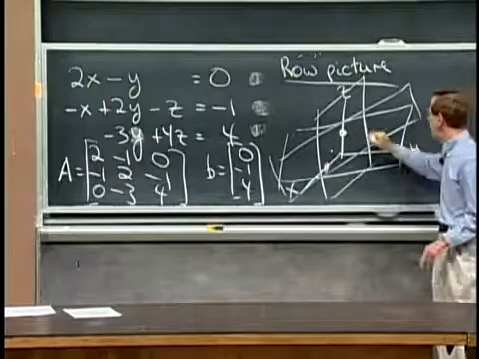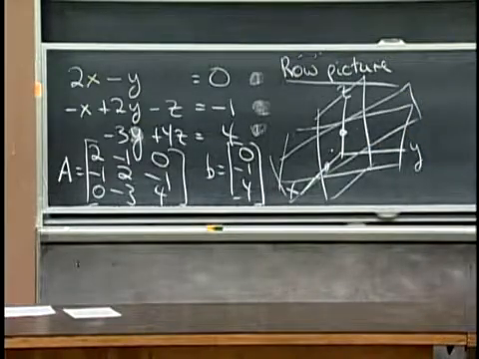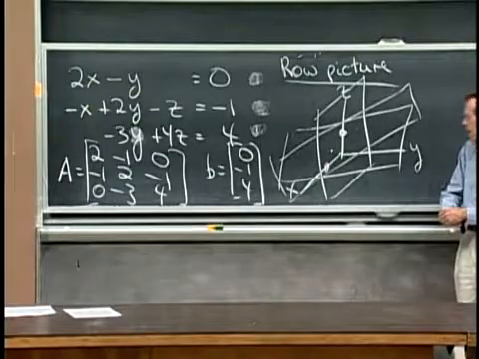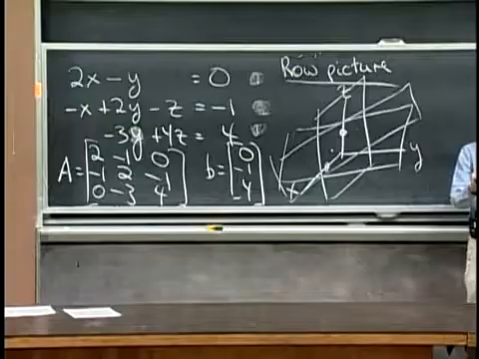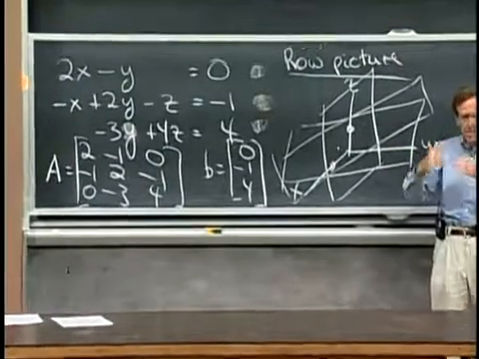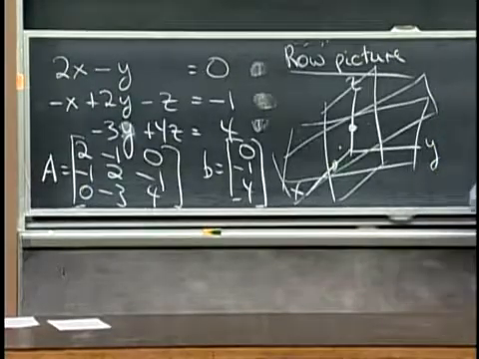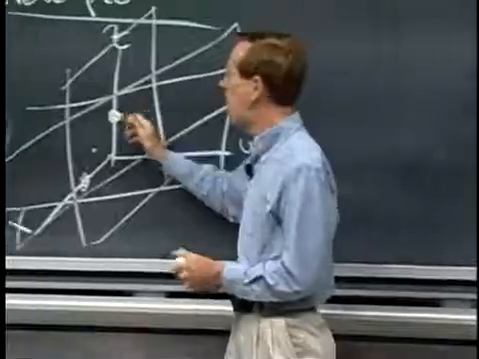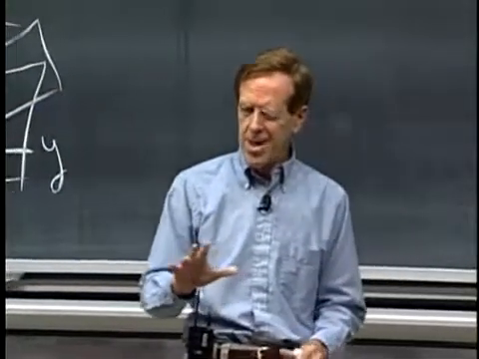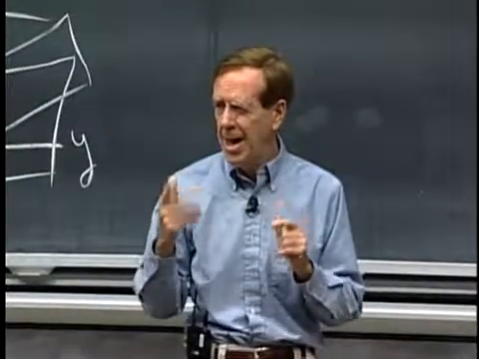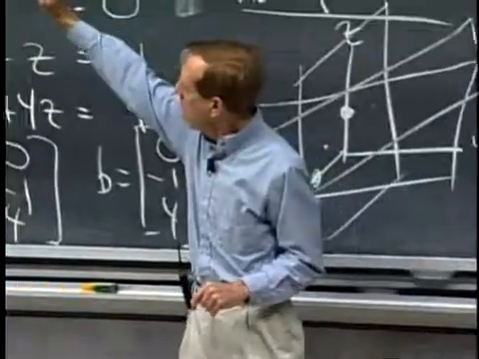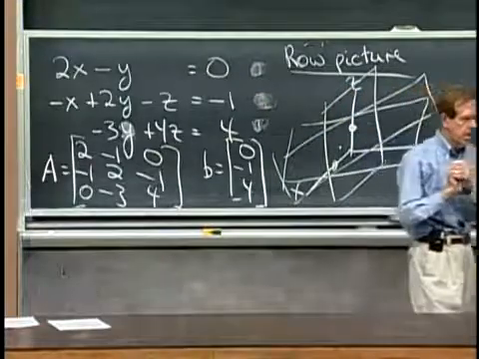Okay, those 3 things meet in a point. Now, I don't know where that point is, frankly, but linear algebra will find it. The main point is that the 3 planes, because they're not parallel, they're not special, do meet in one point, and that's the solution. But maybe you can see that this row picture is getting a little hard to see. The row picture was a cinch when we looked at two lines meeting.